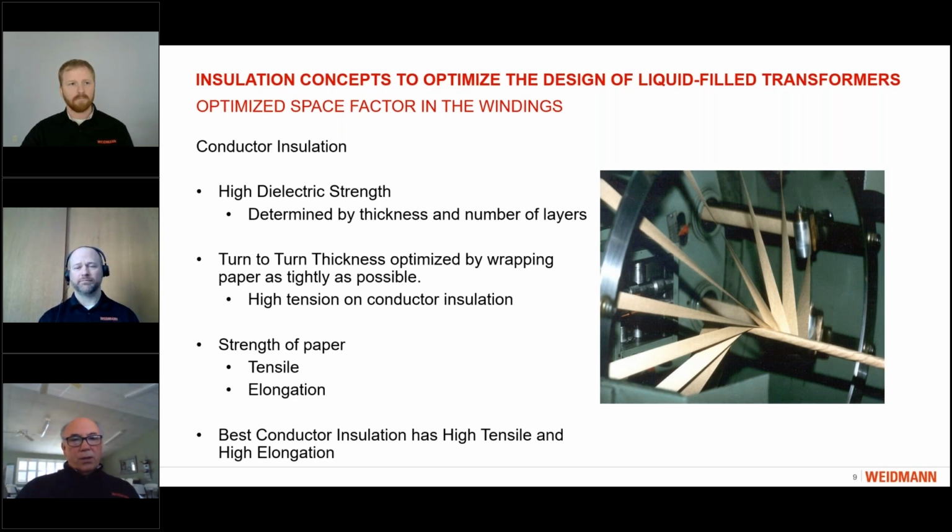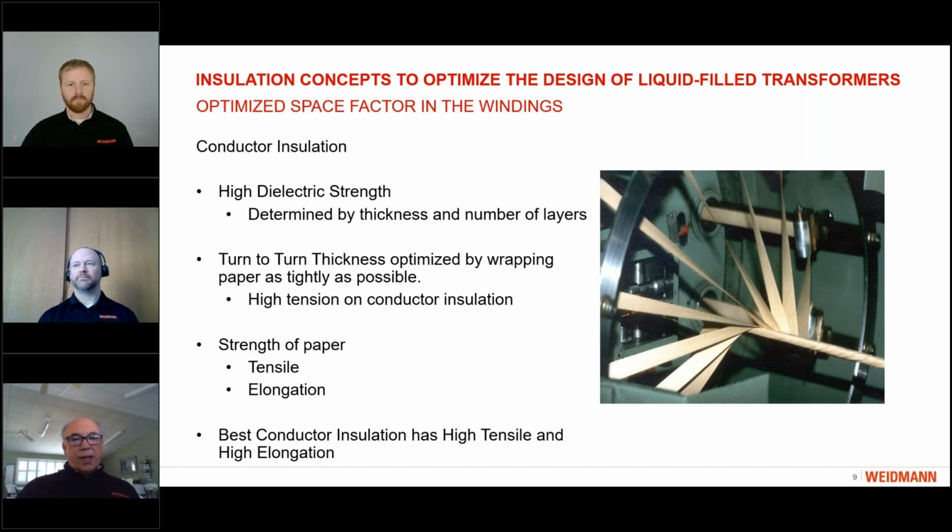So you want to be able to withstand those stresses, and that's determined by the thickness of the paper and the number of layers. Once that's determined, the space factor of your winding is going to be improved tremendously by how tightly you can wrap these papers onto the conductor itself, which you can see in this photo here. So this tightness of the paper is largely determined by the strength of the paper.